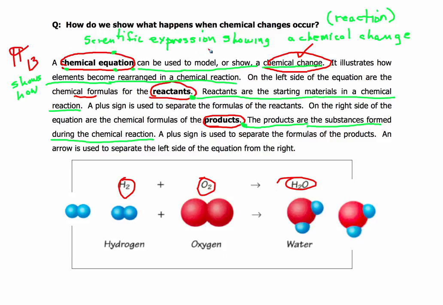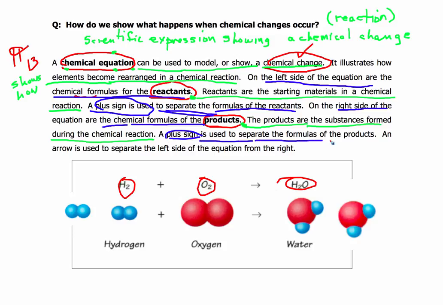And I know there's a lot of marking in here, but let's just get it down. So on the left side, starting right here, the left side of the equation, chemical formulas are reactants. A plus sign is used for what? To separate the formulas. And on the right side are the chemical formulas for the products, and a plus sign is used to separate the formulas of the products.